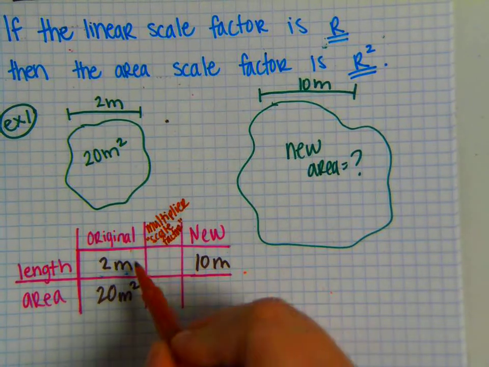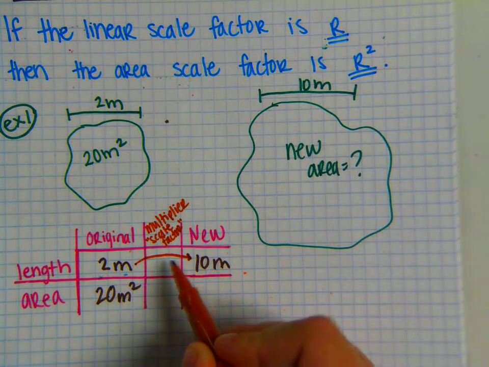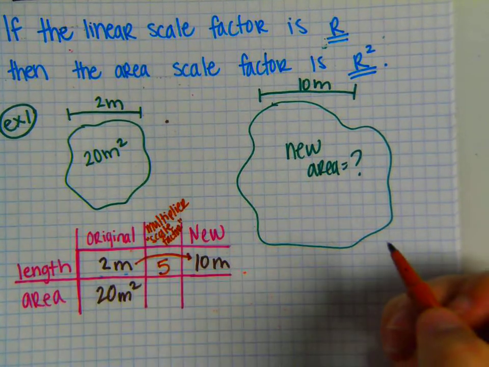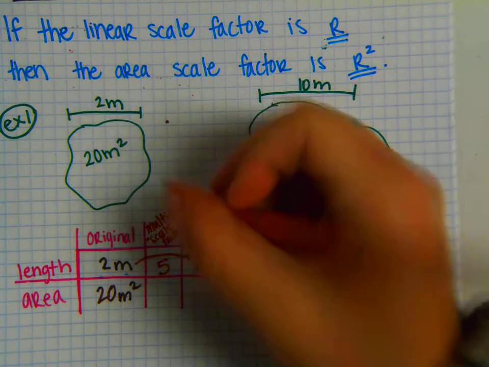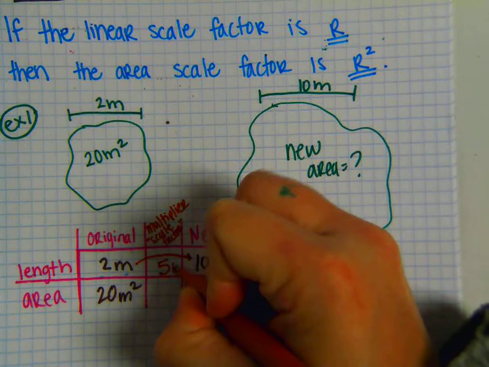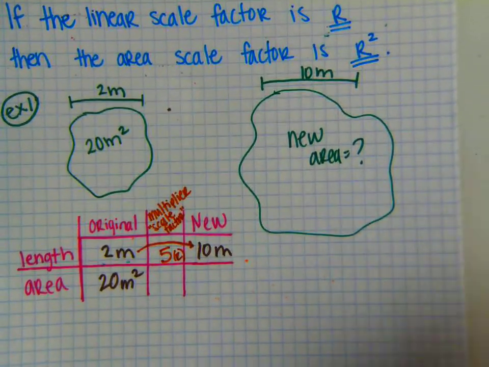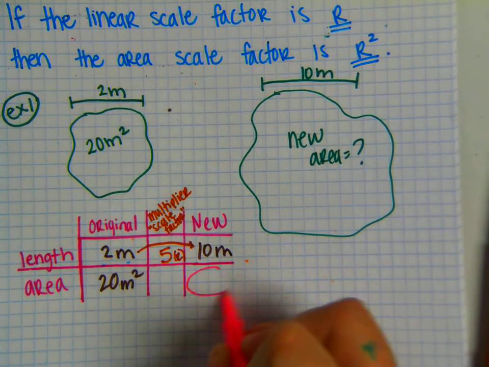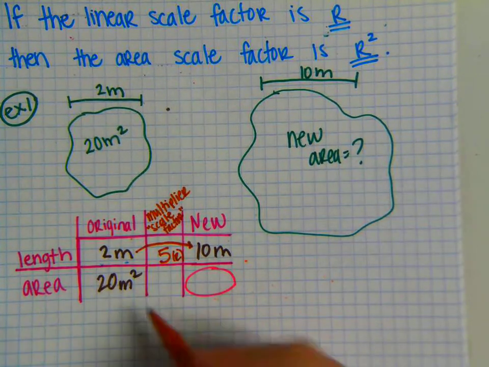So what's the multiplier here? Well, 2 times 5 is 10, so that'll be 5. Now that's R. So I'm going to put a little R in parentheses there, because this is what we're trying to find. This box is what we're trying to find. So we need to figure out what we're going to multiply here to get to this box.